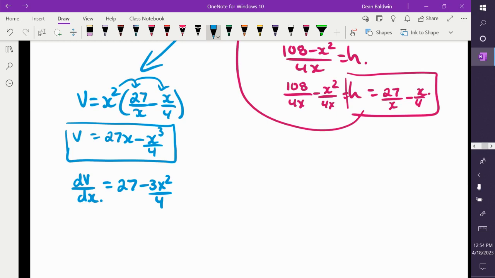Set it equal to 0 because you have to find the critical numbers. And then solve for x.